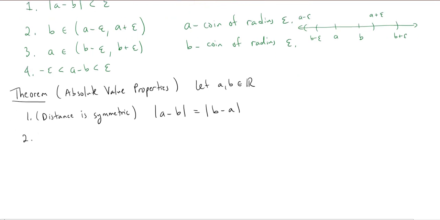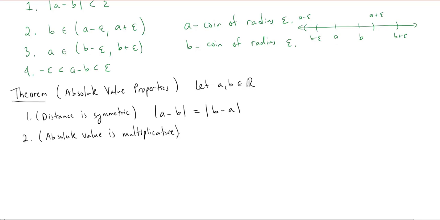All right. The second property is that the absolute value is multiplicative. Ooh, that's a big word. What does it mean to be multiplicative?